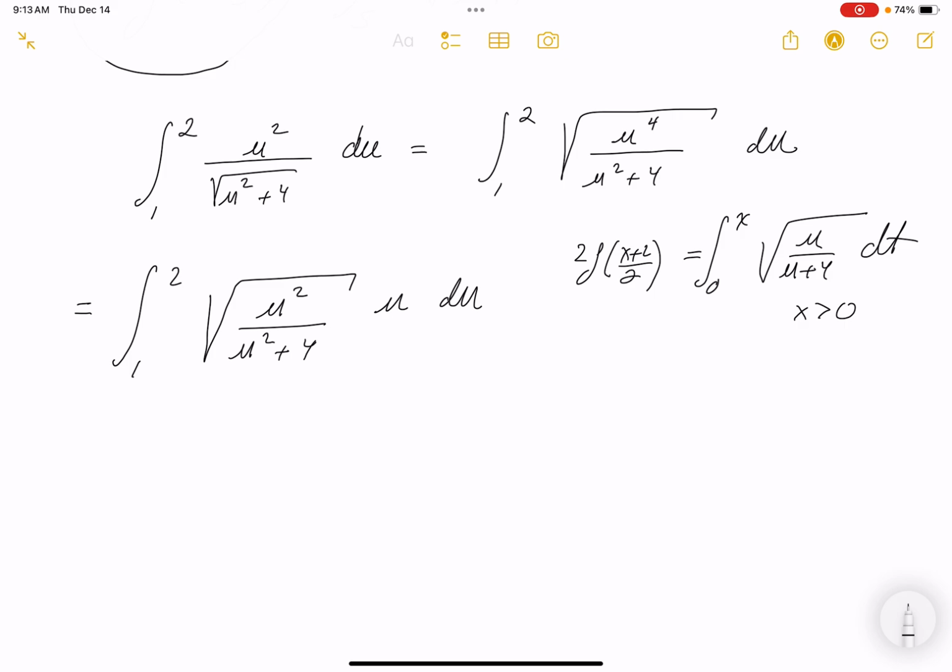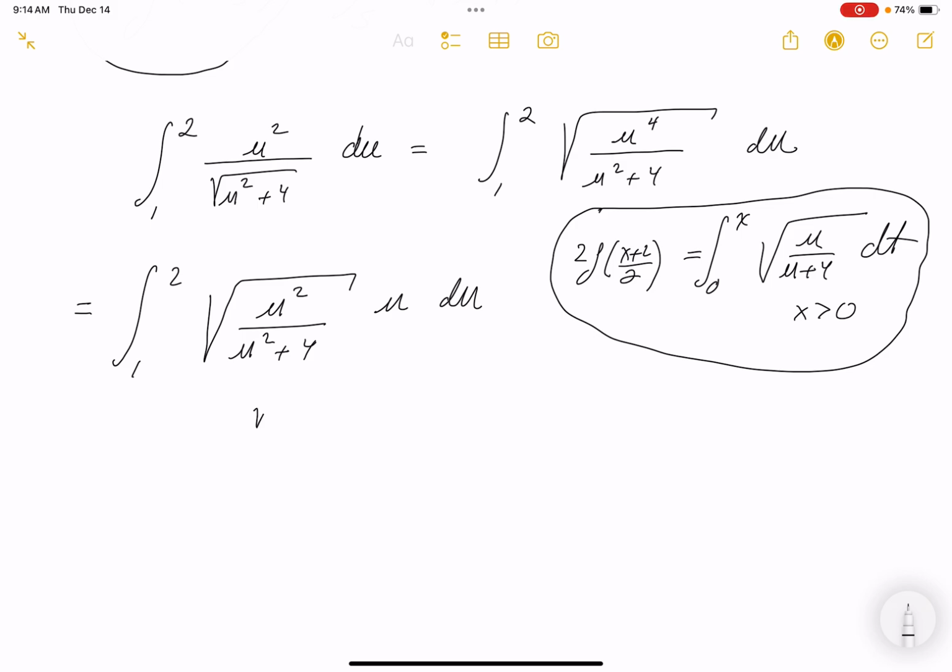All right. So I'm looking at this one over here and that one over there, and I'm going to try to get it to look something like that. The way I'm going to do that is make another u substitution. You may wonder which u substitution I'm going to use. Let's take a look.